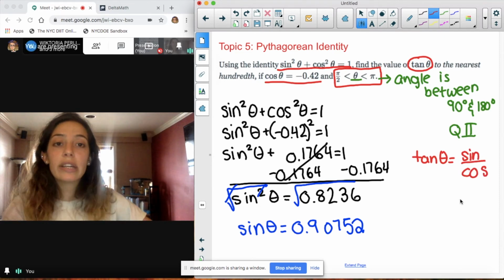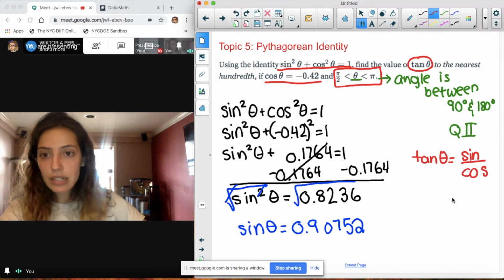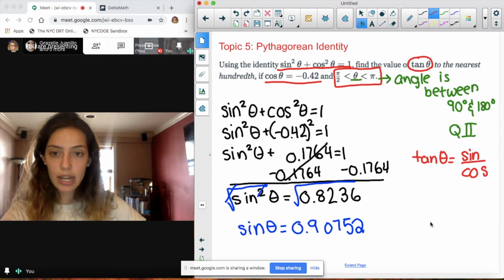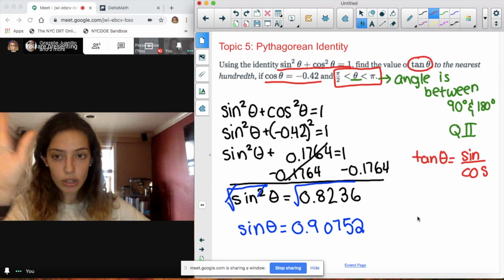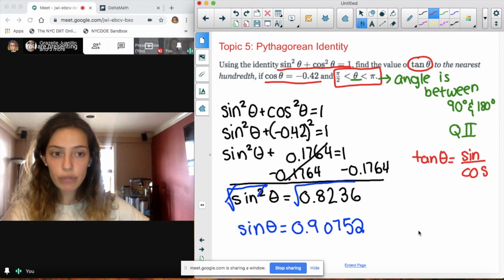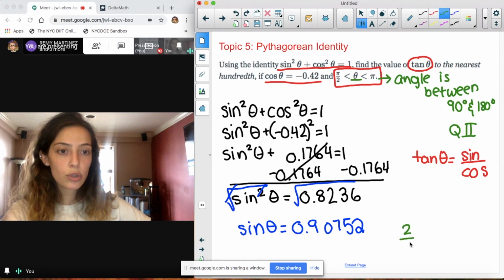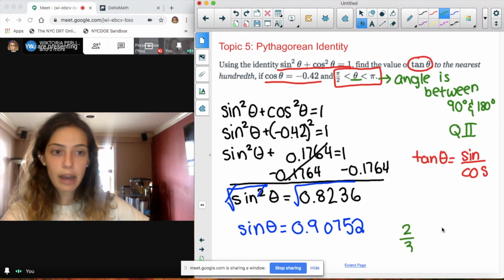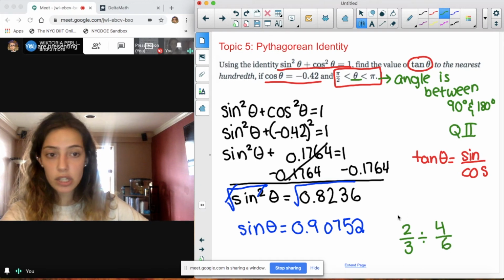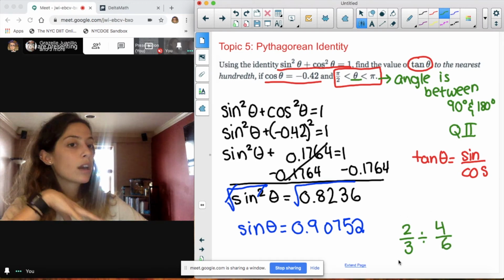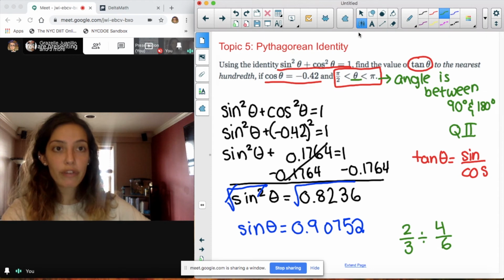Okay? We're given decimals, so we can divide decimals. If you were given 2 fractions, I would suggest writing it like, let's say you had 2 over 3 divided by 4 over 6. I would suggest writing it like this, not writing it one fraction over the other.